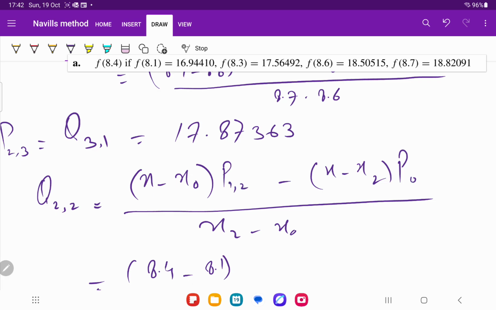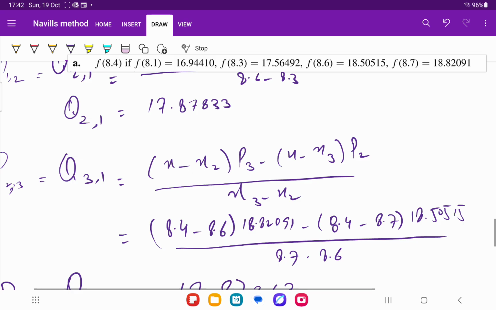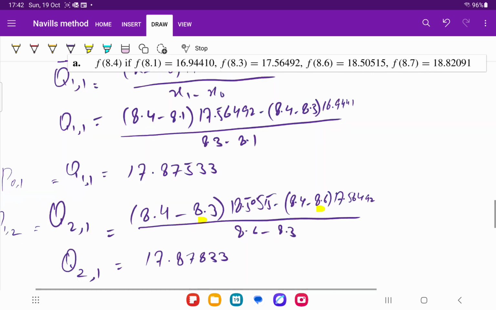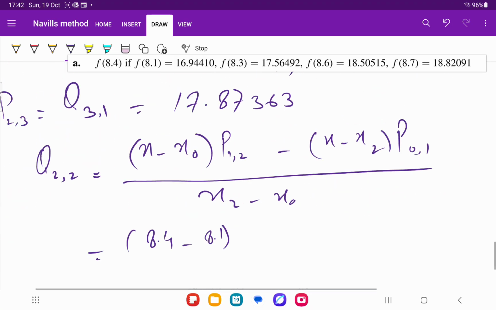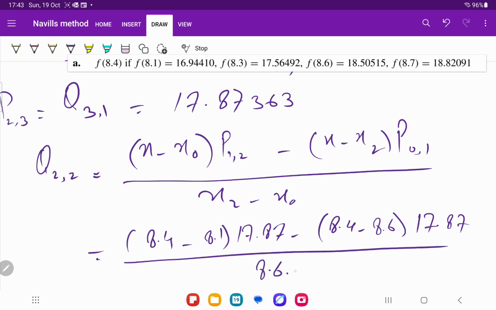So p12 is 17.87, I think both points are the same. 17.87 minus x2, where x2 is 8.6. 8.4 minus 8.6 multiplied by 17.87 divided by 8.6 minus 8.1, that is Q22.